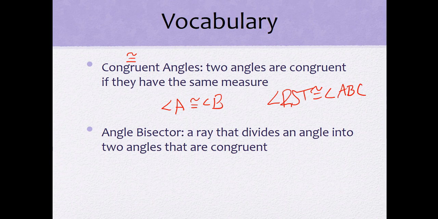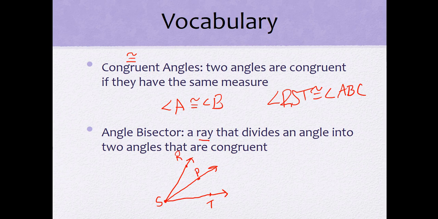An angle bisector is a ray that divides the angle into 2 congruent angles. For example, let's say I had RST. And remember the other picture, we had P in the middle, but it wasn't exactly in the middle. If it's exactly in the middle, that would be an angle bisector.